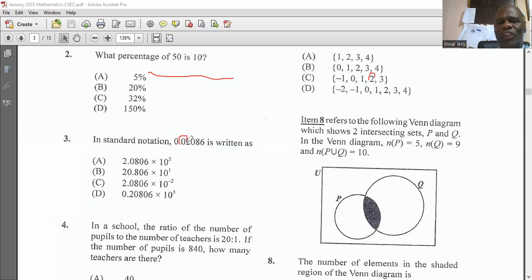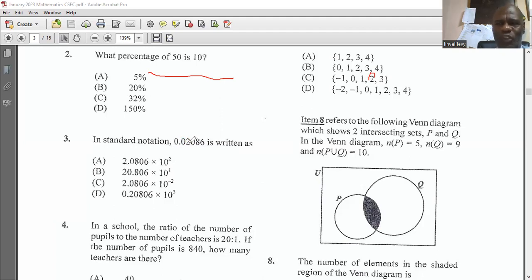The number to the left of the decimal point when you're writing standard form cannot be 0. It has to be a number from 1 to 9. And so in this case, we are moving the decimal point 2 places to the right. Now the number of times we move the decimal point will tell us what the power is.